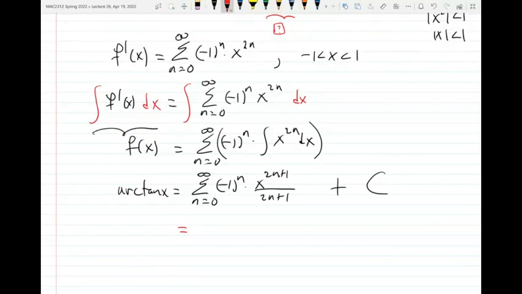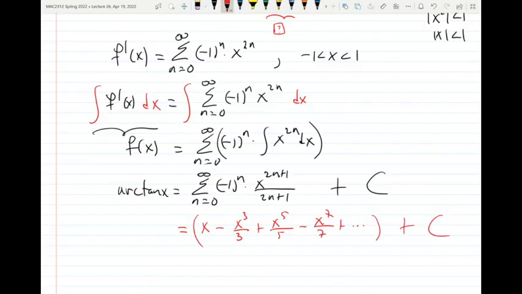Because n starts at 0 and this is 2n plus 1, my first term here is an x. So this is x minus x cubed over 3 plus x to the 5 over 5 minus x to the 7 over 7 and so on, plus the c. I just expanded that so that you can recognize it. It's just odd powers divided by the same power, and then you're alternating.